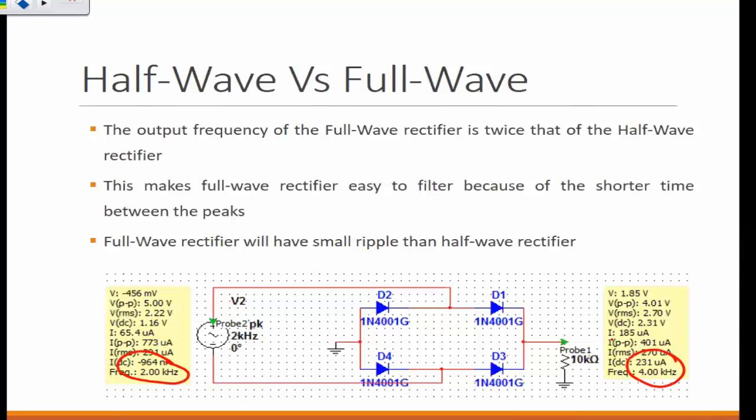That's an advantage, because full wave rectifiers are easy to filter because of the shorter time between the peaks. And a full wave rectifier will always have smaller ripples for the same amount of capacitor or resistor when compared to the half wave. I don't have a capacitor in there.